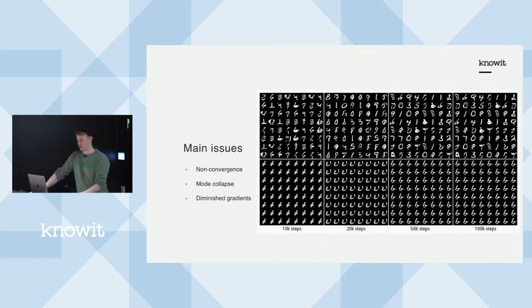The fourth issue is that these networks are highly sensitive to hyperparameters. So just adjusting the learning rate a little bit, giving it a few more layers, adjusting layer sizes, everything matters. And it's really hard to get the network to converge on the final value.